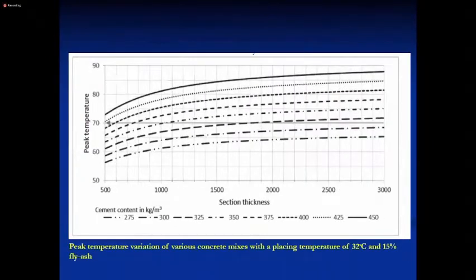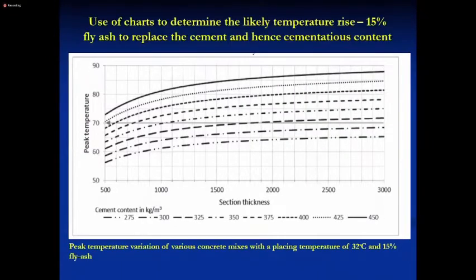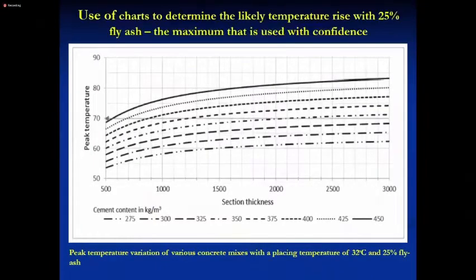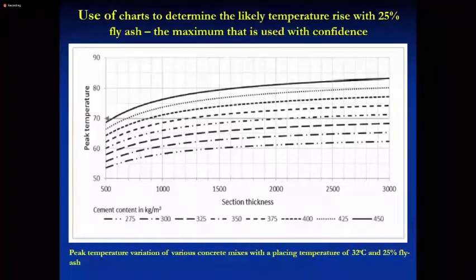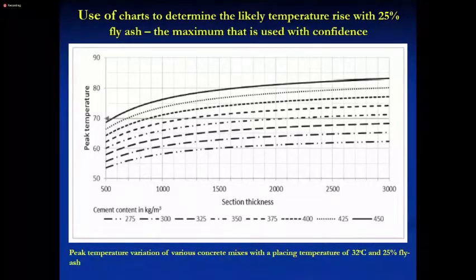But these days it's cheaper to use fly ash, so you go for 15% or 25%, and then you can see for 1,000 millimeter thickness, you can even use 375 cement, and for 2,500 millimeter section, you can use up to 325 cement plus fly ash.